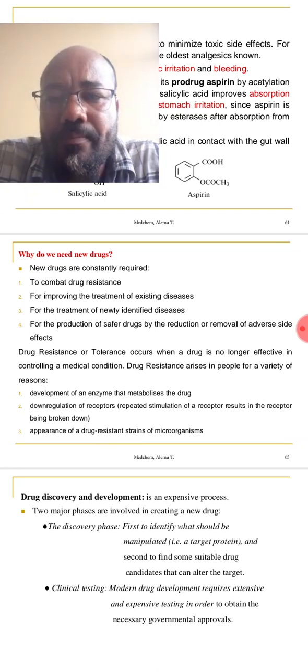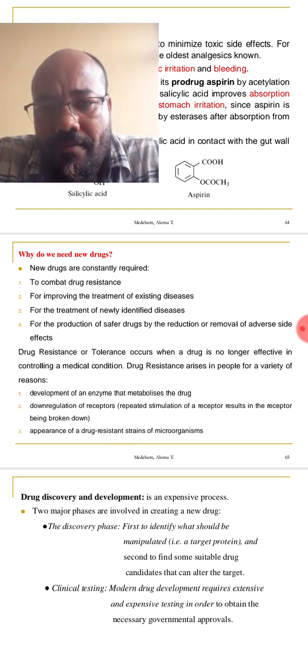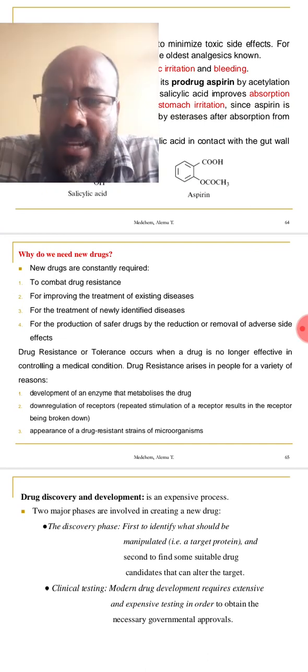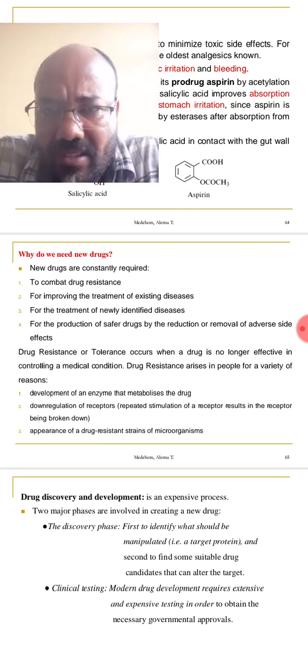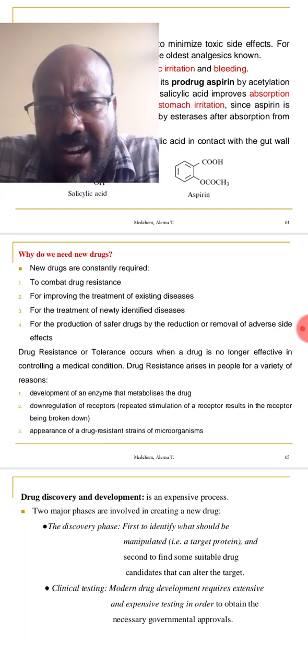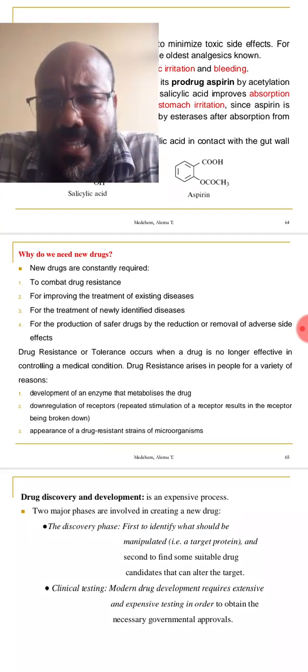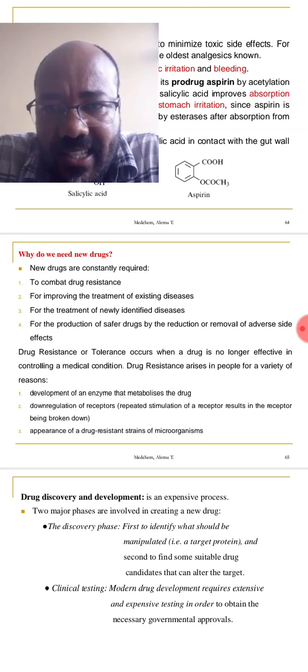The second one is to improve treatment for existing diseases: to improve the activity of the drug, to improve stability, efficacy, and duration of action of drugs for treatment of the existing diseases. We need a new drug.